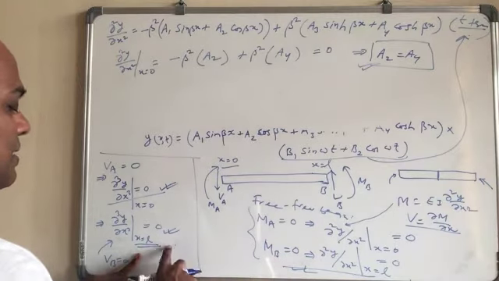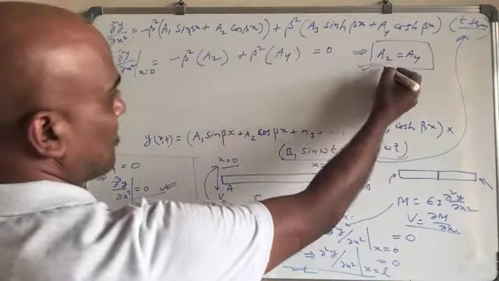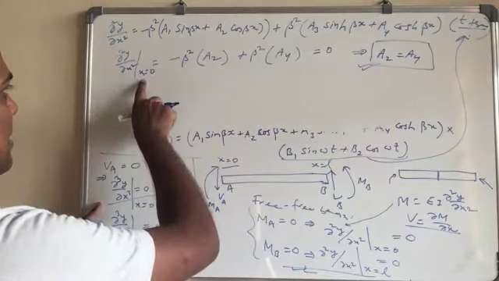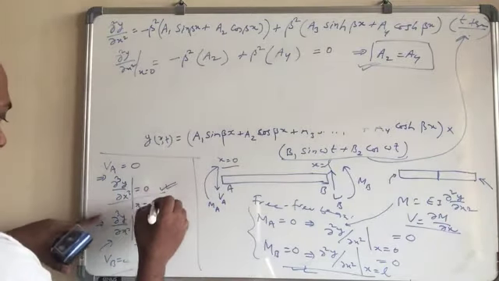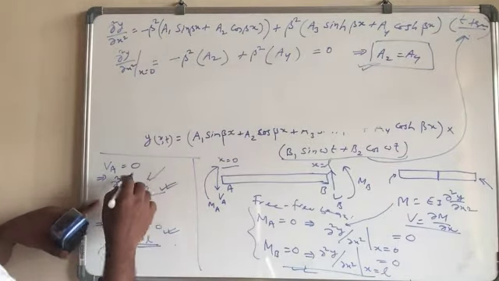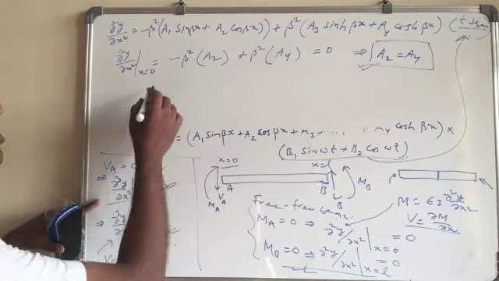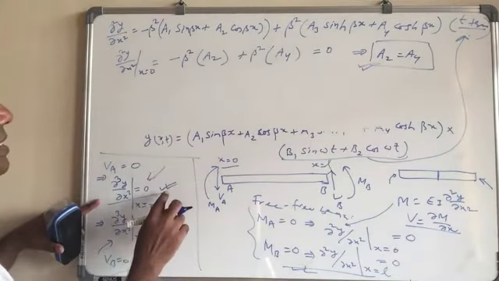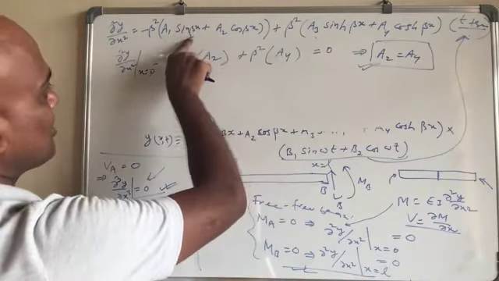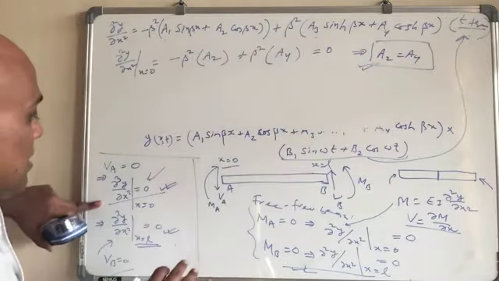So since both are zero, from here we get this one, and with the second one, V, the shear force, at x equal to L is also 0, you will get a relationship between A1 and A3, right? Because it will be cos here and cos here, so because of that you will get it. Okay.